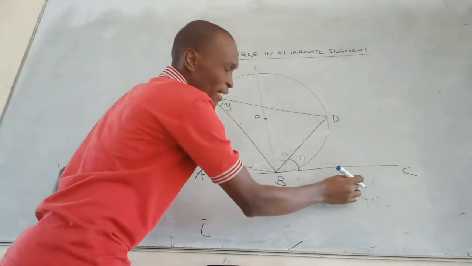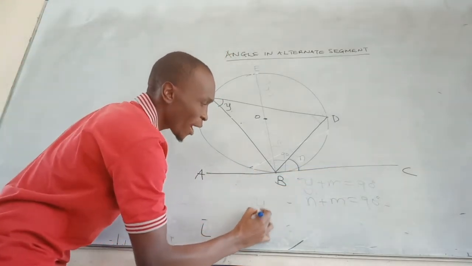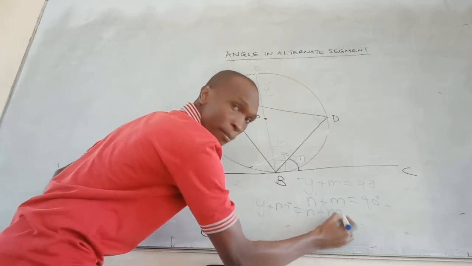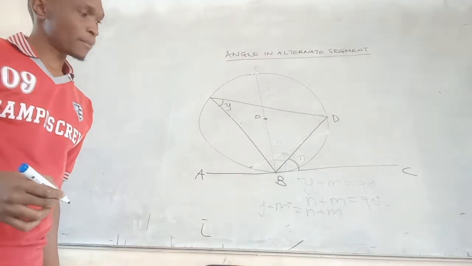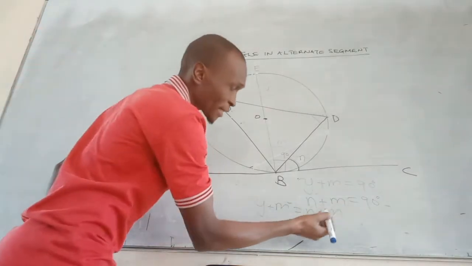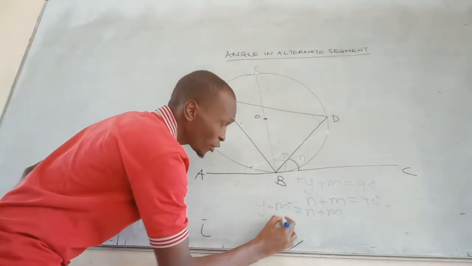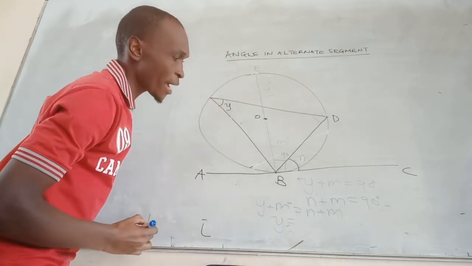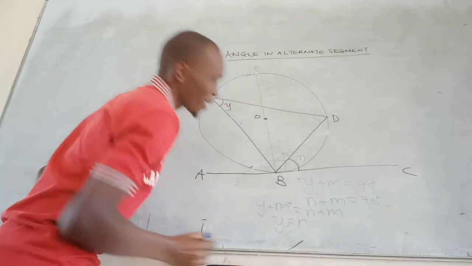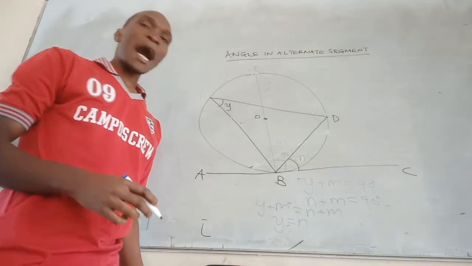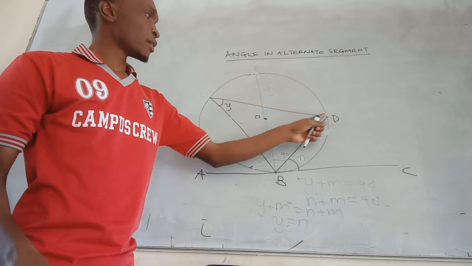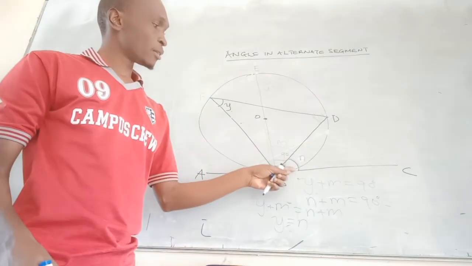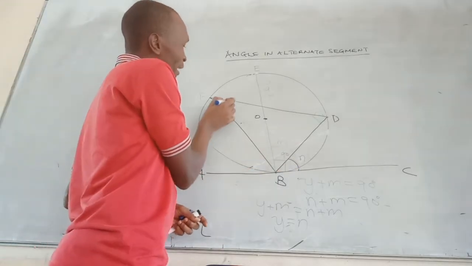Now, because 90 degrees equals 90 degrees, it means that Y plus M equals N plus M. And if we subtract M from both sides, we see that Y equals N. Therefore, we can conclude that an angle subtended by a chord is equal to the alternate angle.